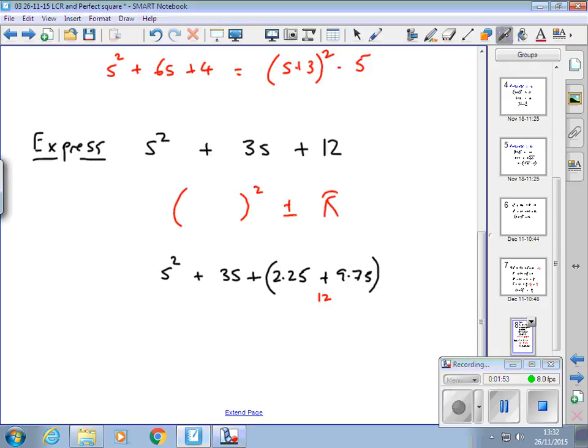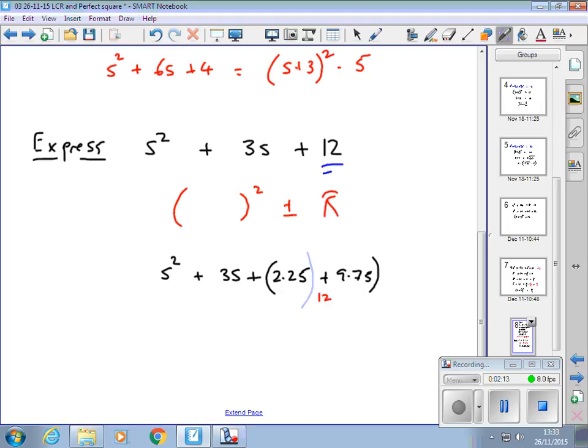So what I do is, I take my s squared, I look at the 3s, I half that in my head. Half of 3 is 1.5, square that, 1.5 squared is 2.25. So this is the perfect square, is it not? S squared plus 3s plus 2.25 would be the perfect square.